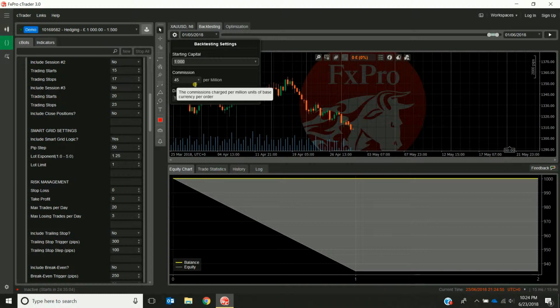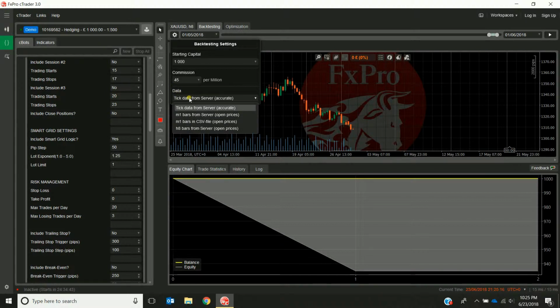The commission will always be set to 45 per million, as it is at the moment on my pre-configured settings. This is to do with the percentage of commission that the broker takes in the real world, just again giving you the most accurate results from your backtesting. On the data drop down you will have a few options.